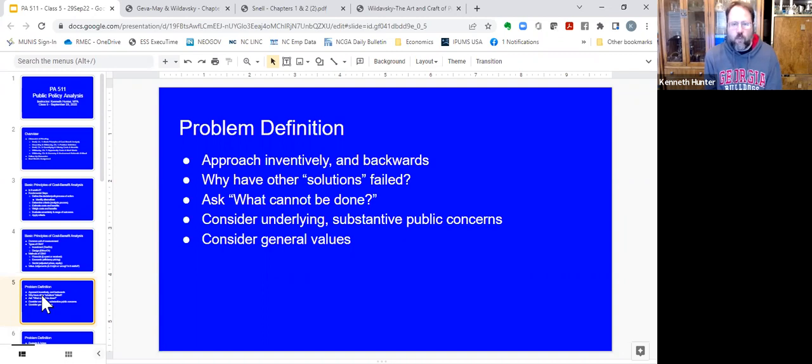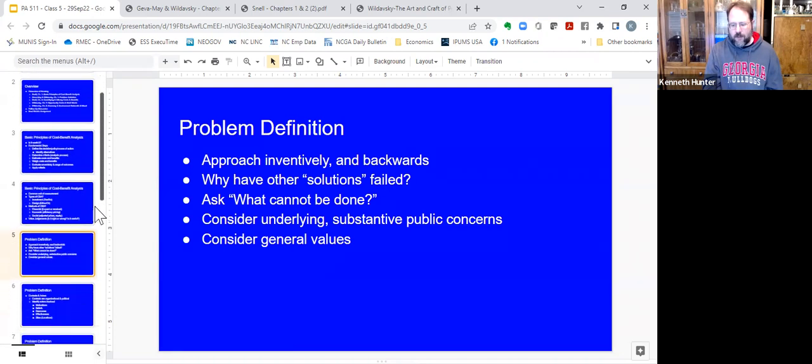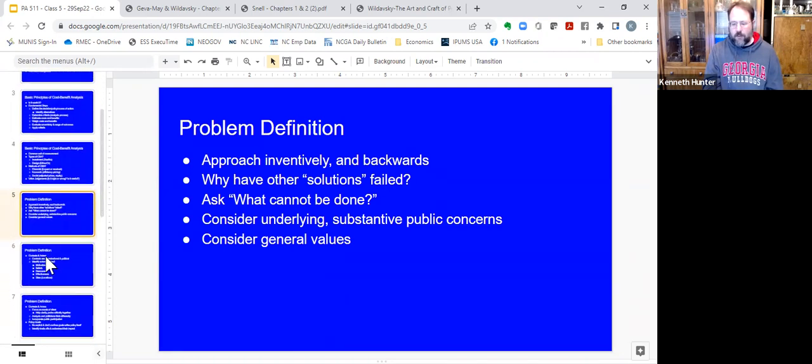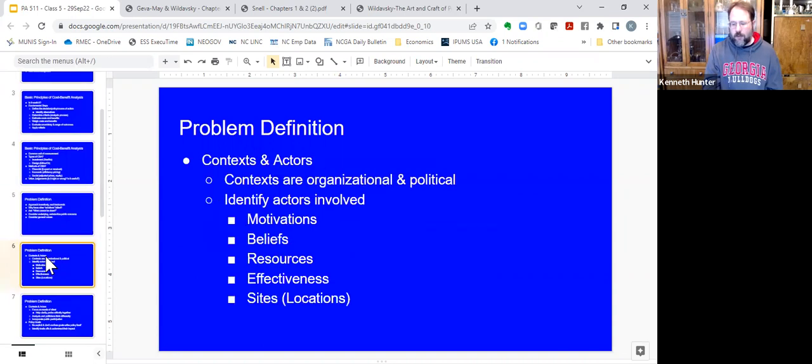We have to be aware of that. So those are things we have to take into consideration, and all of this comes together as we work to identify what the outcome is, and then figure out how the problem is going to be defined.